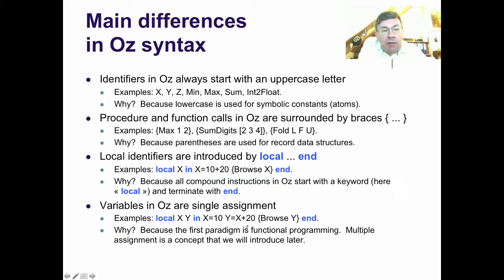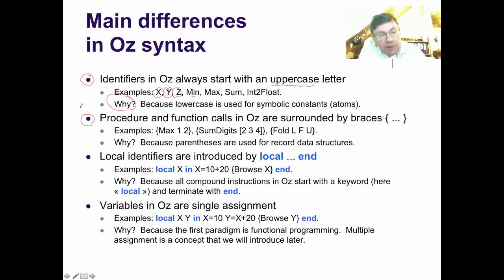So there are 4 main differences. The first is that identifiers in Oz always start with an uppercase letter: X, Y, Z, Min, Max, Sum, IntToFloat. So why is this? It's very simple. It's because the lowercase is used for symbolic constants or atoms.